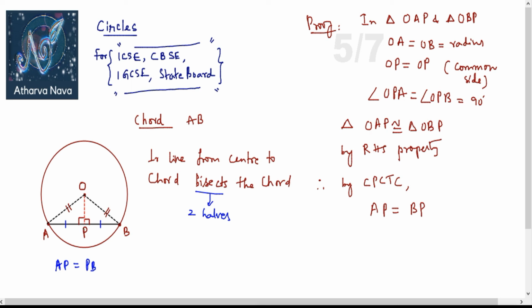We only need the side, so we are only talking about the side. So AP equals PB. That's the proof. The property says a perpendicular from the center to the chord bisects the chord, and it bisects the chord because AP equals PB. Thank you so much.